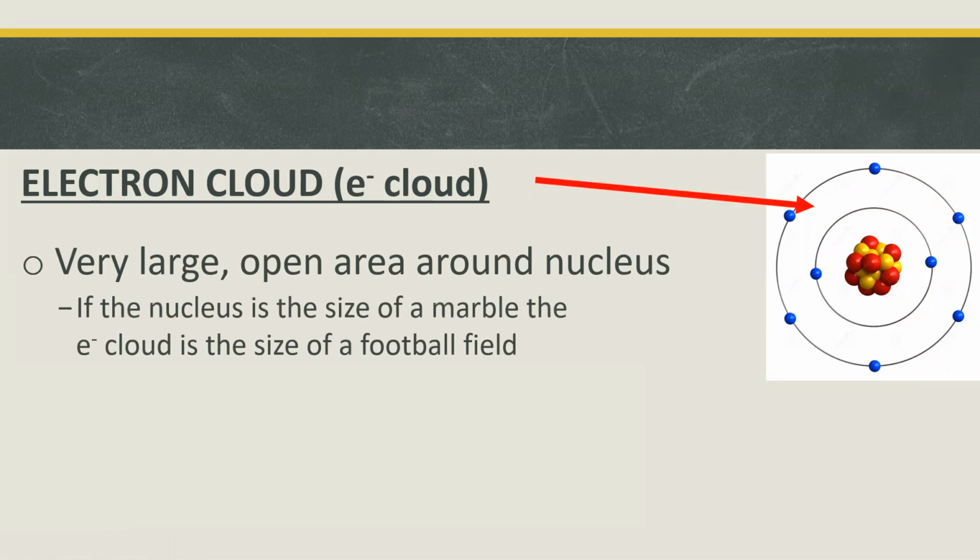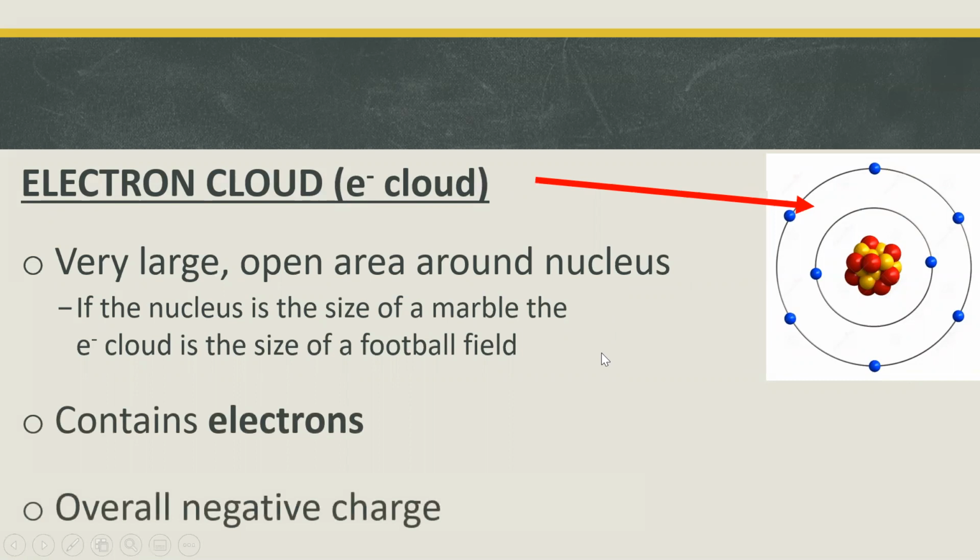If the nucleus was the size of a marble, then the electron cloud is the size of a football field. I know the picture doesn't do justice, but you're talking about something very small in the nucleus to something very large in the electron cloud. And the electron cloud contains electrons, which are negative, so the electron cloud is overall negative.